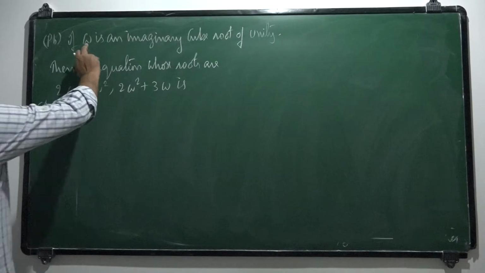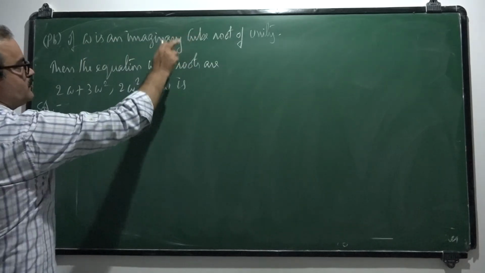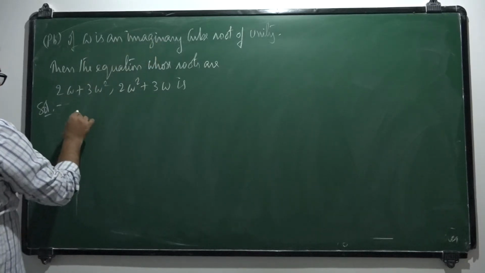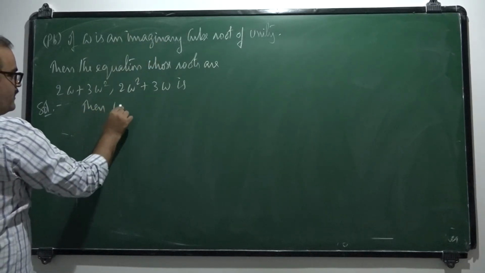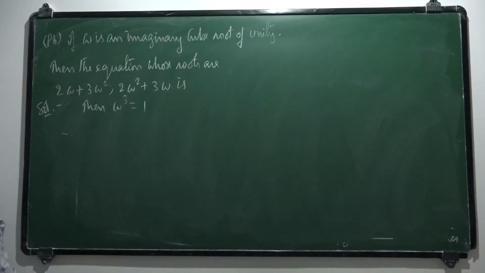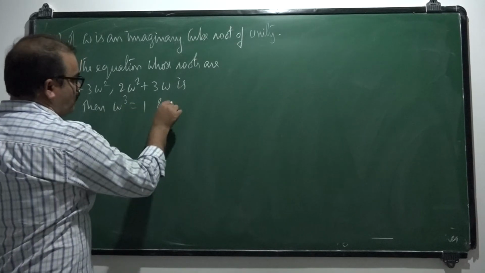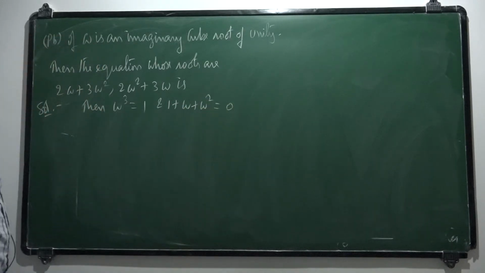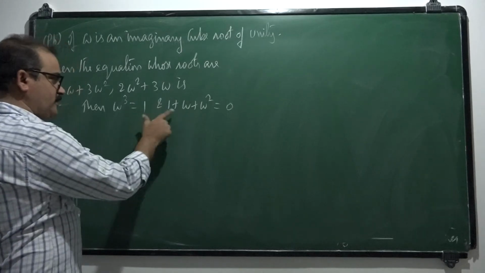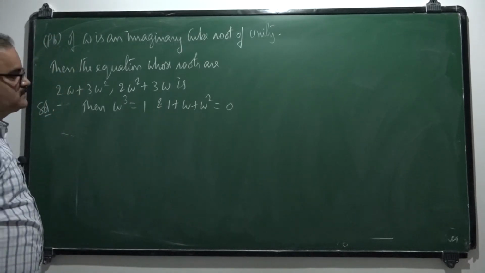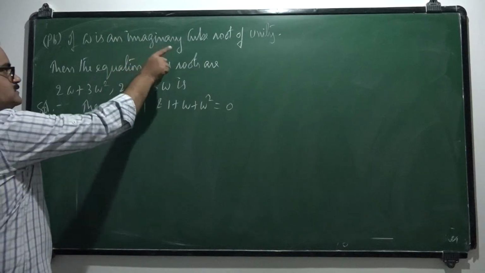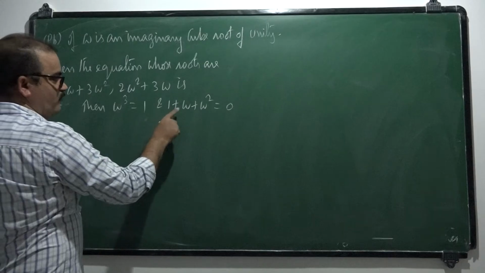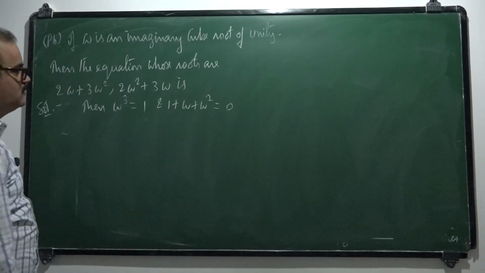What is given? Omega is an imaginary cube root of unity. If omega is an imaginary cube root, then omega cube is equal to 1 and 1 plus omega plus omega square is equal to 0. These two conditions are obtained in complex numbers.